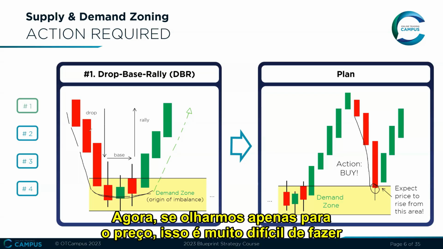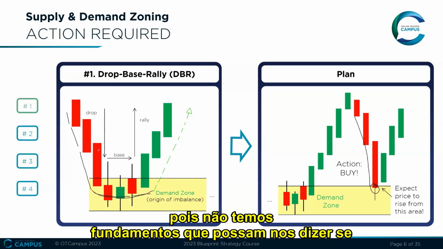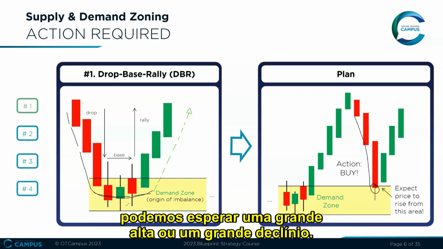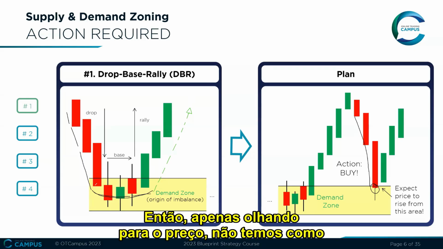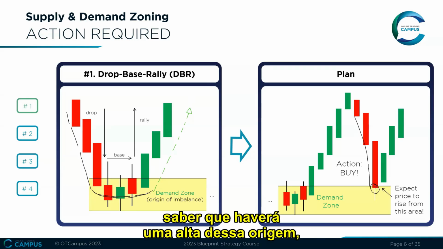Now, if we just look at price, that is very difficult to do, as we don't have fundamentals that may tell us whether we can expect a large rally or a large decline. So by just looking at price, we have no way of knowing that there is going to be a rally out of this origin, out of this basing state.